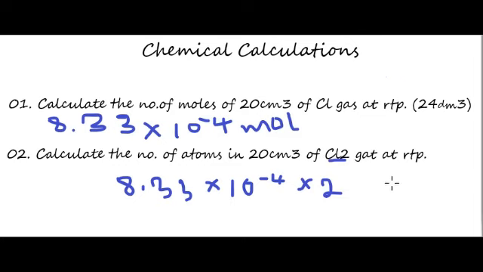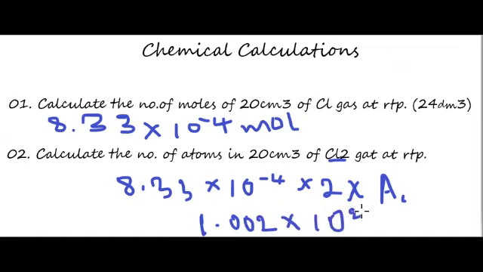There are 2 atoms in one molecule, times the Avogadro constant 6.02 into 10 to the power 23. 8.33 into 10 to the power minus 4 into 2 into 6.02 into 10 to the power 23. Answer is there are 1.002 into 10 to the power 21 atoms.